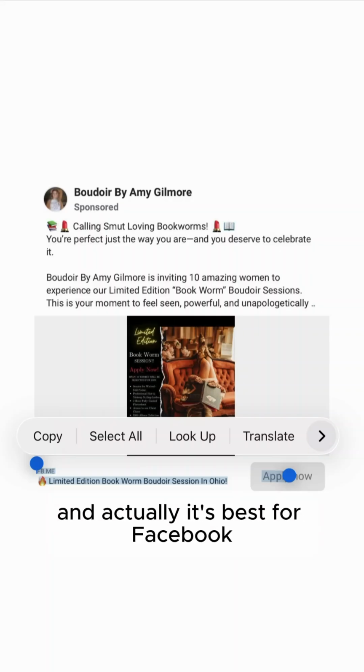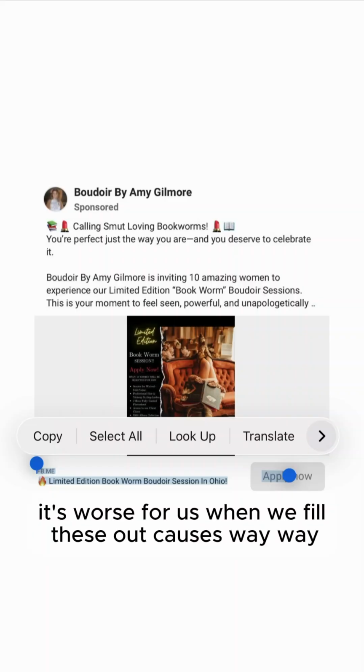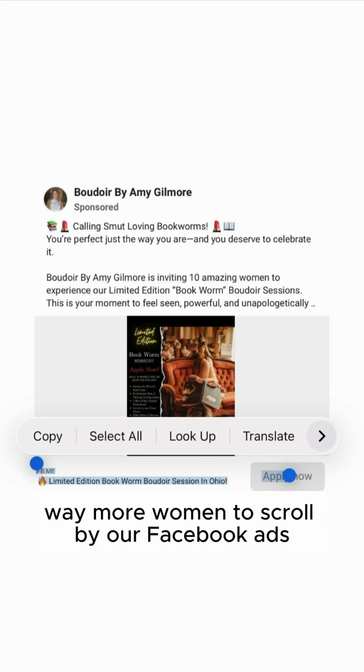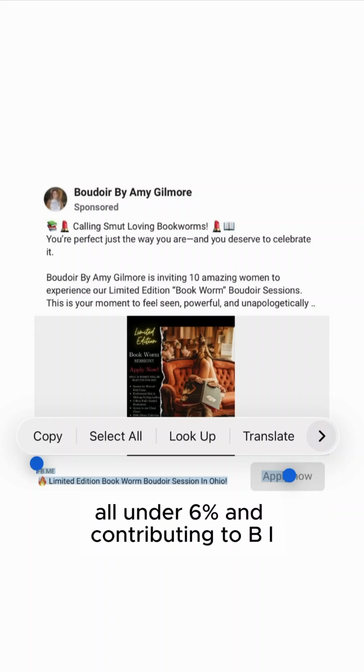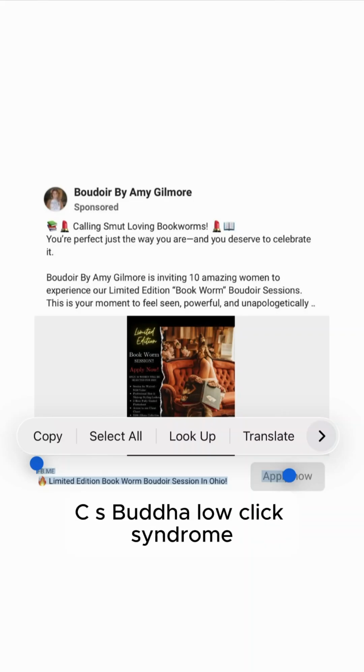And actually it's best for Facebook, it's worse for us when we fill these out. It causes way, way, way more women to scroll by our Facebook ads than necessary, pulling our unique CTR under 6% and contributing to BLCS, Boudoir low click syndrome.